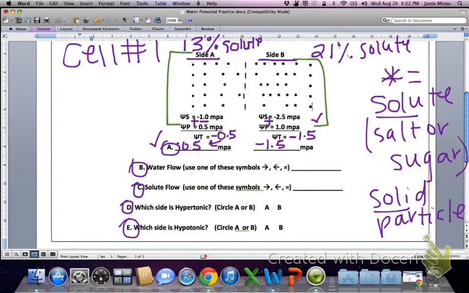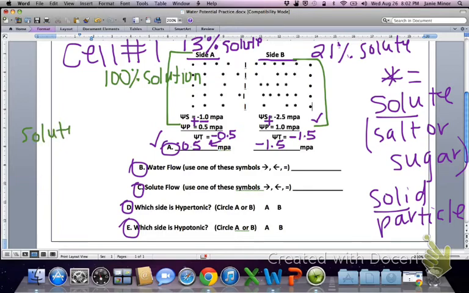we say that side A would be considered to be 100% solution. Not solute, but solution. Now you're thinking, Miss Bonner, where did you get the word solution from? We haven't had that. What are you saying? Well, let's explain this. So, put this note on your paper, please. You will need to know this.